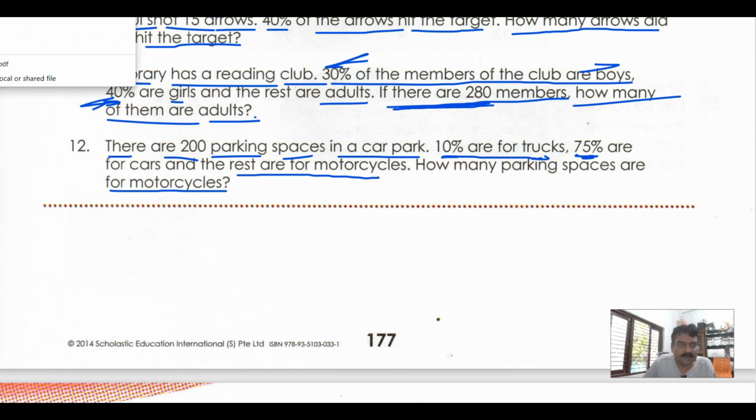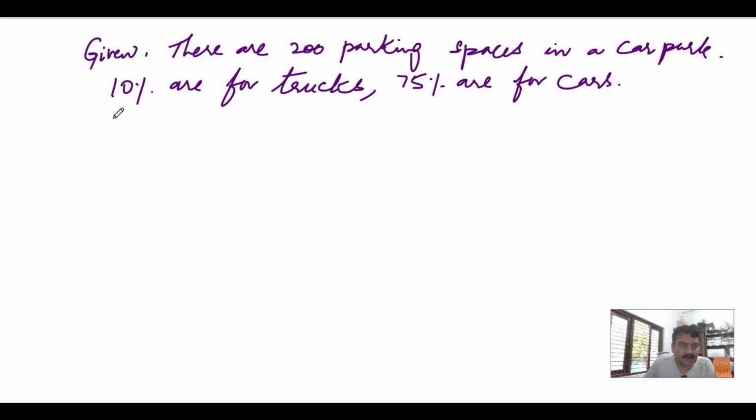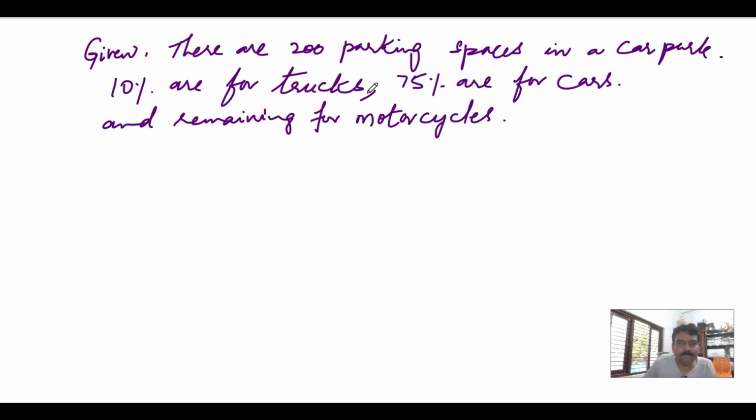That is remaining, right? And remaining for motorcycles. Now see, other than motorcycles, what are the percentages? 10% and 75%.